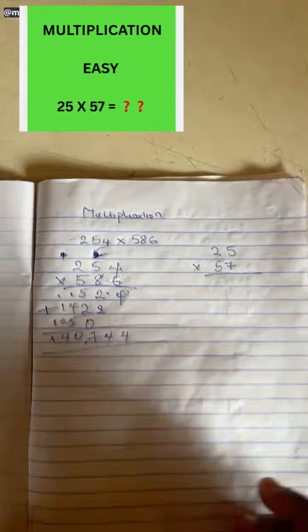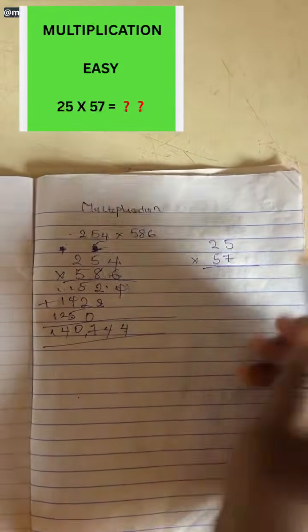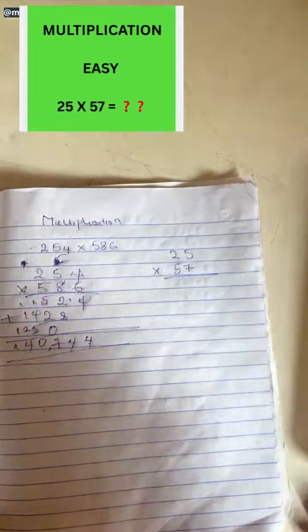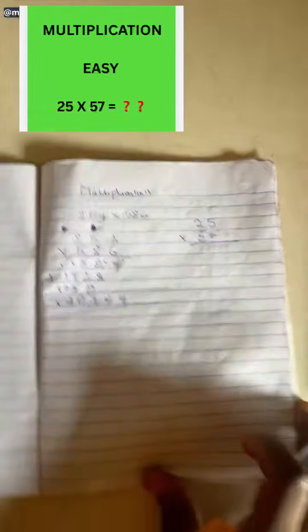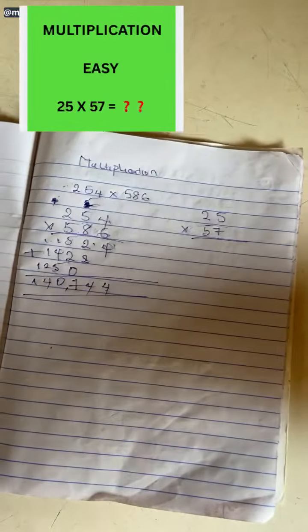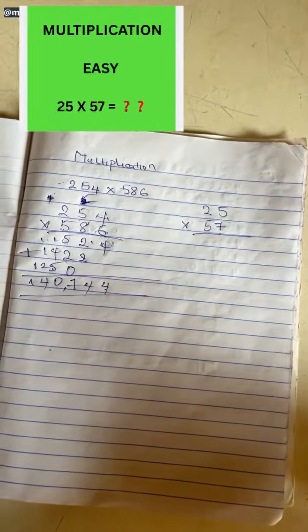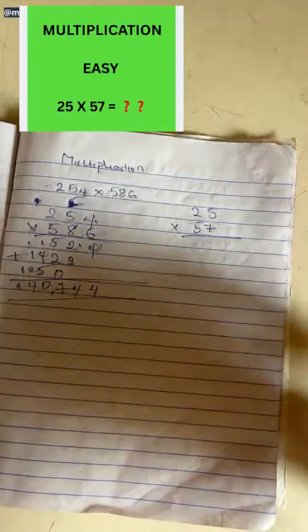Okay. Now what are we going to do? We start with the one down. 7 times 5 is what? 35.